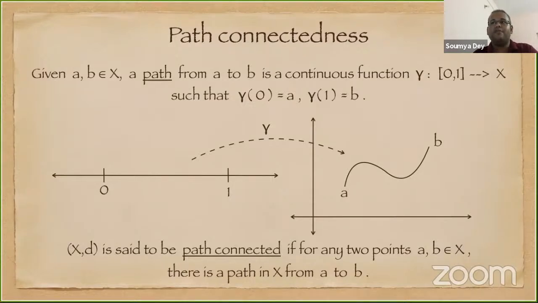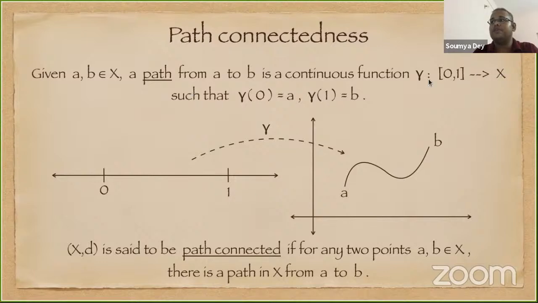A path from the point A to the point B is a continuous function, gamma, from the closed interval 0, 1 into your space X, such that gamma of 0 is A and gamma of 1 is B. We have already defined what a continuous function is. In this case, 0, 1 has the usual metric, and X is a metric space.